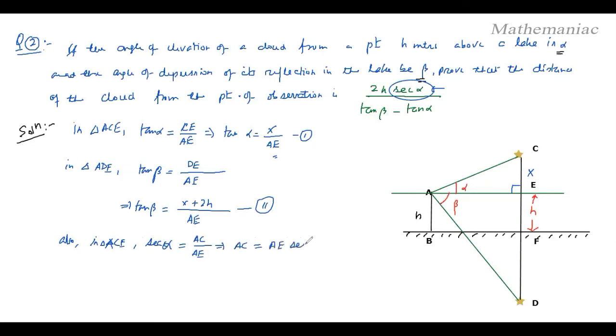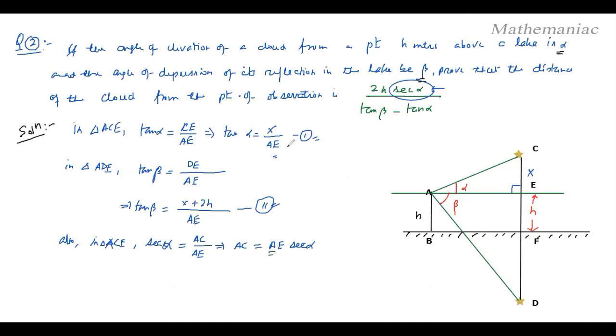AC equals AE sec alpha. Now I have to find from these both equations the value of AE, not X. Remember it. Are you getting what I'm saying? Because till the last moment you have to keep this particular AE alive, because you have to replace it here.